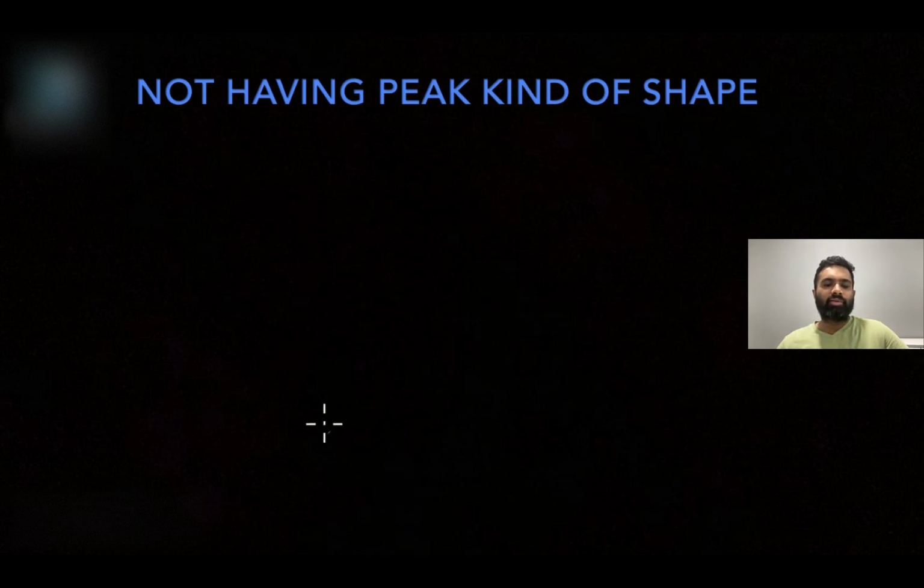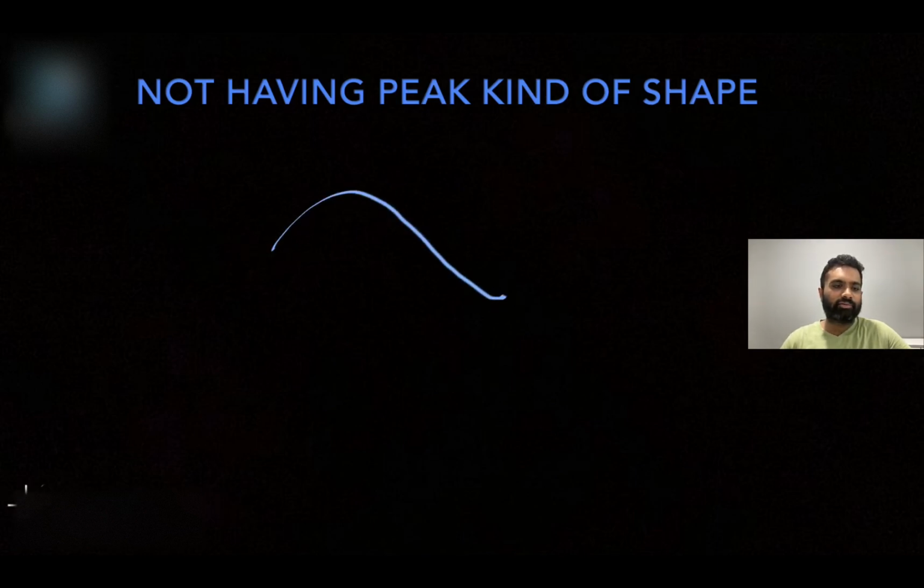So when I say it will not have a peak shape, usually we understand a peak as something like this. It will not have this kind of shape. If it had this kind of shape, then you would notice that the tangent at any of the points, at this particular point, will be above the function curve. Also, if I draw a line adjoining any 2 points, the line connecting the function values at those 2 points will be below the function curve.